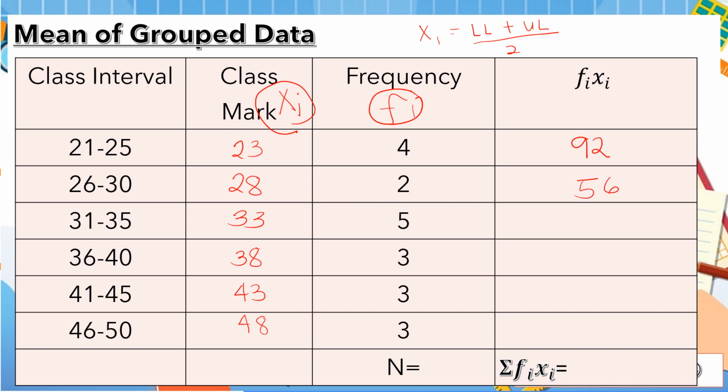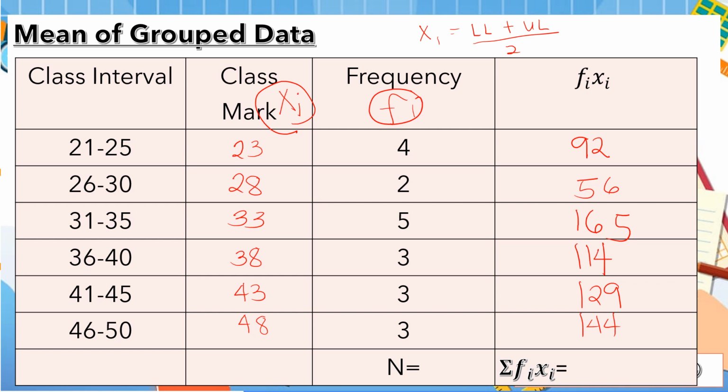Next, 33 times 5, the answer is 165. Next, for 36 to 40, 38 times 3, the answer is 114. Next, for 41 to 45, 43 times 3, the answer is 129. And then for the last one, 48 times 3, the answer is 144.